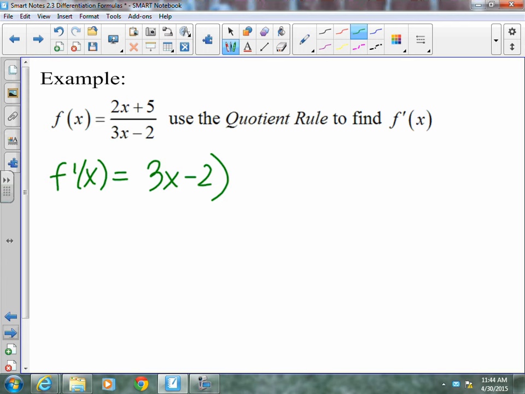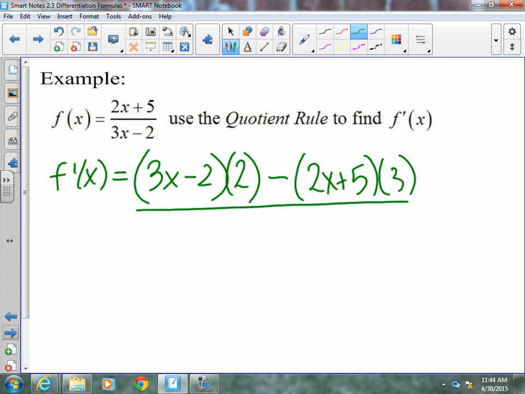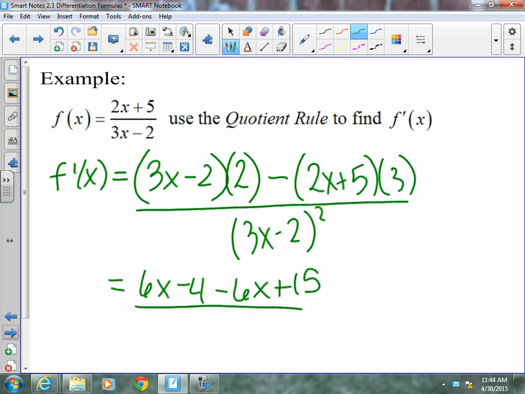Low d high minus high d low, draw the line, square the low, which gives us 6x minus 4 minus 6x plus 15.